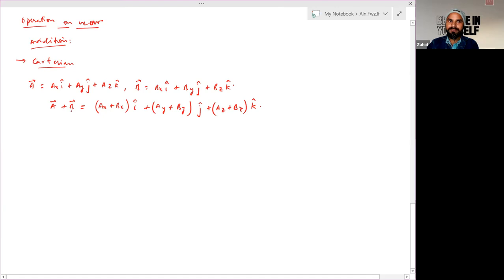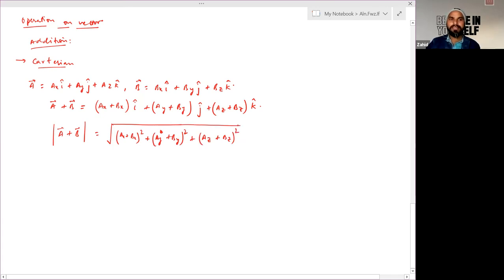Now, if you want to calculate its magnitude, it will be mod of A plus B, which equals root of x component, that is (ax plus bx) squared, y component, (ay plus by) squared, and z component, that will be (az plus bz) squared.